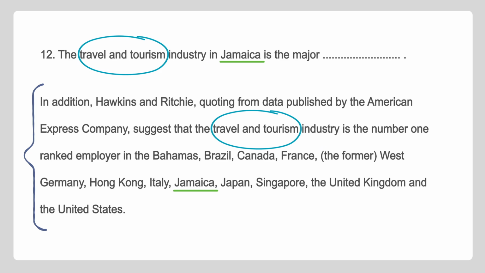We also have industry here as the number one ranked employer. And now, one thing important here is that instead of the major, a synonym is used here. What's that synonym? Number one ranked. So when we say number one ranked, it means the most important, the most significant, right? The major, right? This is our synonym here.